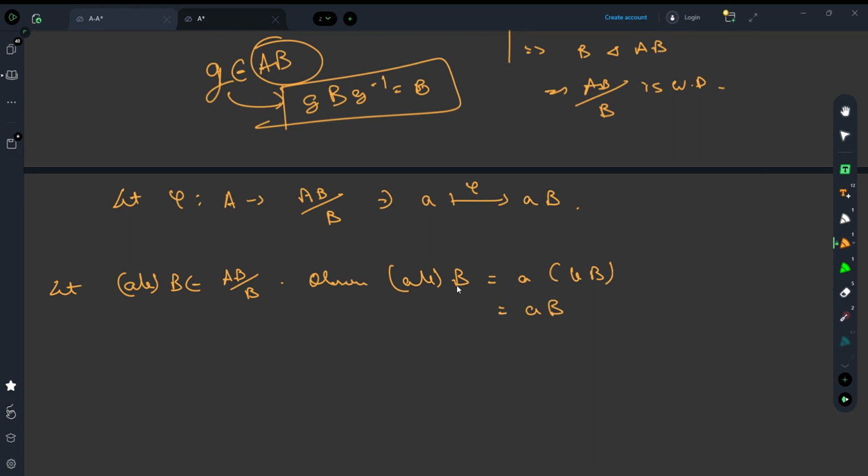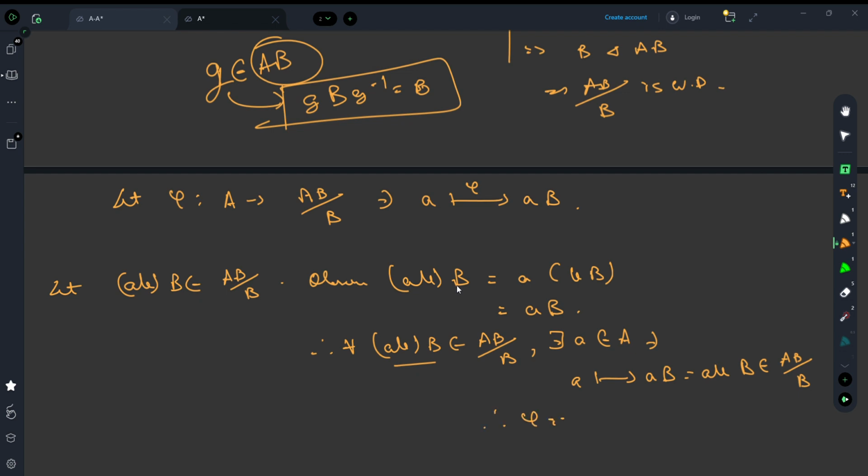So this is nothing but aB. Therefore, for all abB in AB mod B, there exists an element a in A such that a is mapped to aB, but aB is the same as the element we started with, which belongs to AB mod B. Hence, phi is onto.